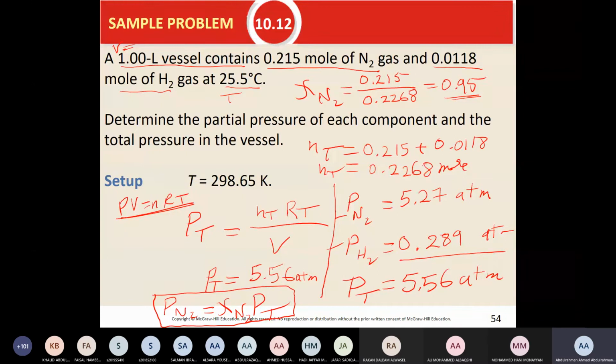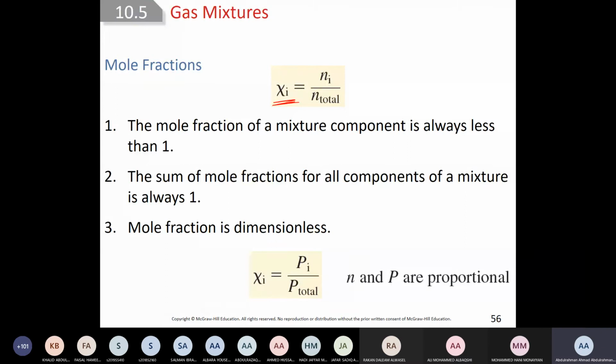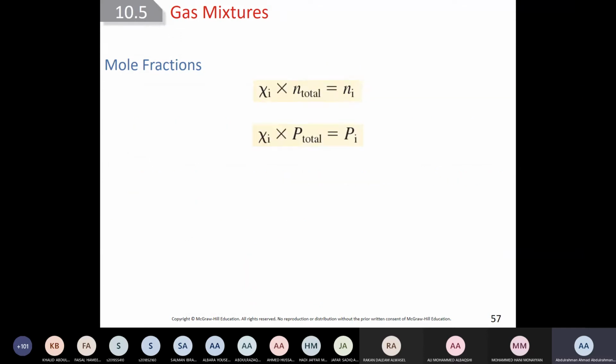Use this number and tell me what's the pressure. 0.95 multiplied by the P total 5.56. 5.27. So yes, you can do this. Very important, you must memorize this, and you have to know how to get the mole fraction of anything this way.